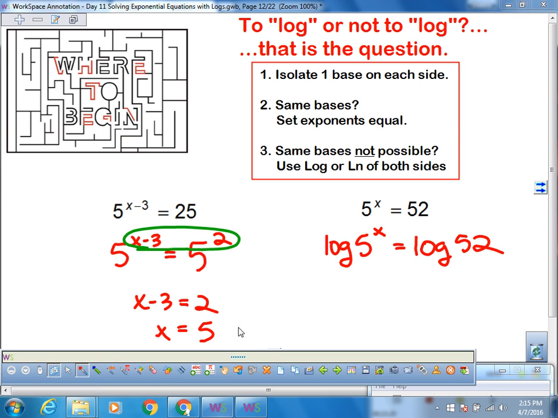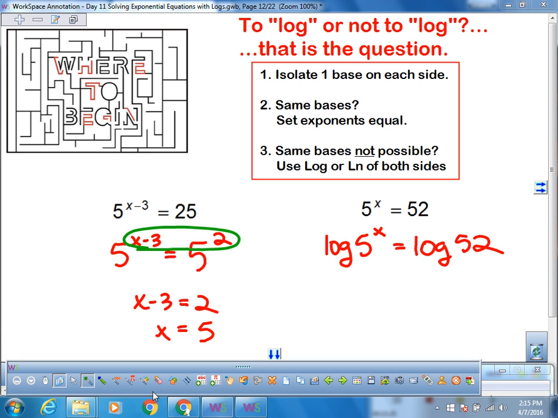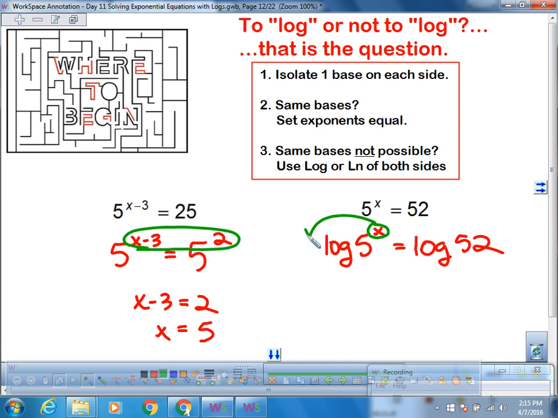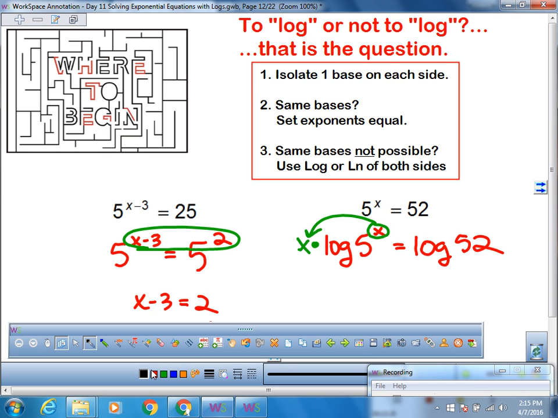What shall I do with this log now? Thou shalt multiply by x. 5 to the x becomes x log 5, because exponent inside a log comes out front as multiplication. So this comes out front. Alrighty, now what do I do? Now I divide.